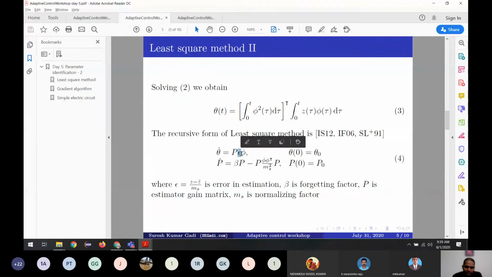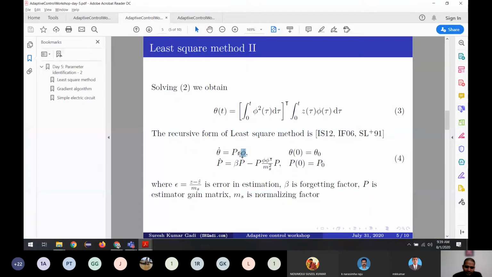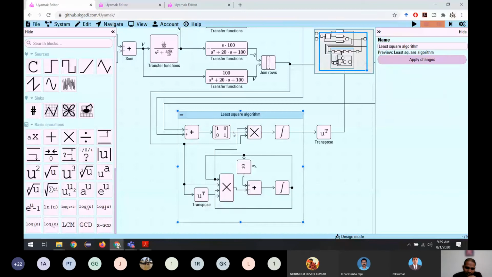So what we have is phi times epsilon. At this multiplication we have three terms: p, phi and epsilon. This is epsilon, this is p, and this is phi. We know how phi and epsilon are received.